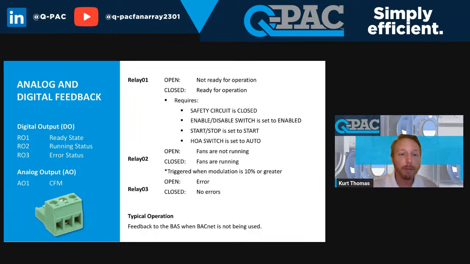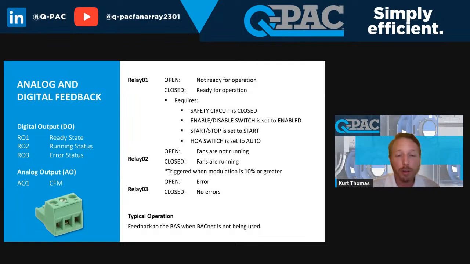So if the safety circuit's closed, if the enable disable switch, which is just a switch on the display on our controller, is enabled, the start stop is set to start, and our HOA switch is in auto, then RO1 is going to be in a ready state.